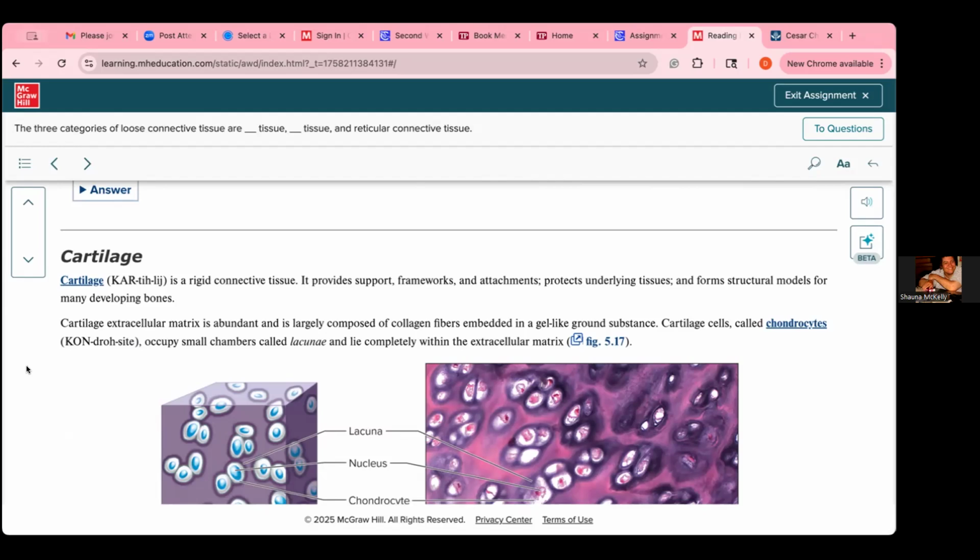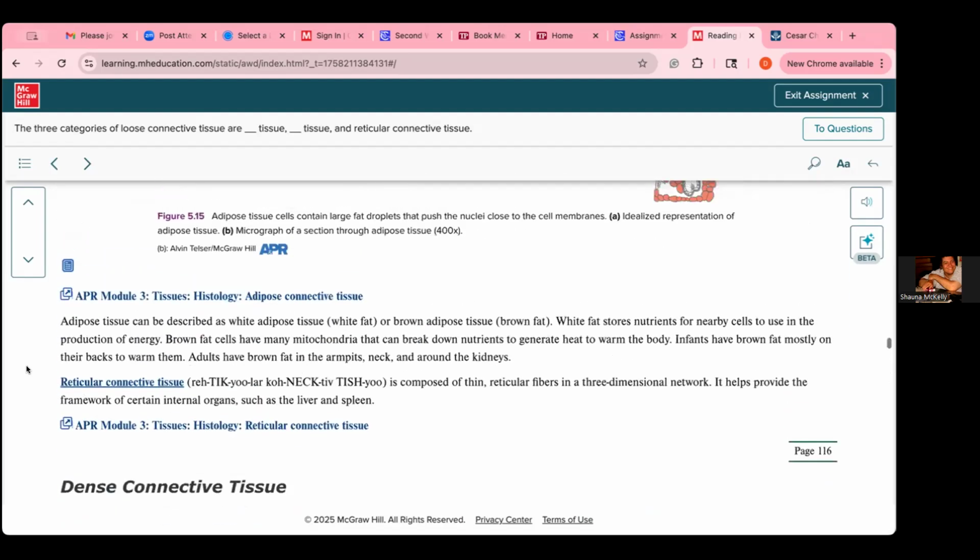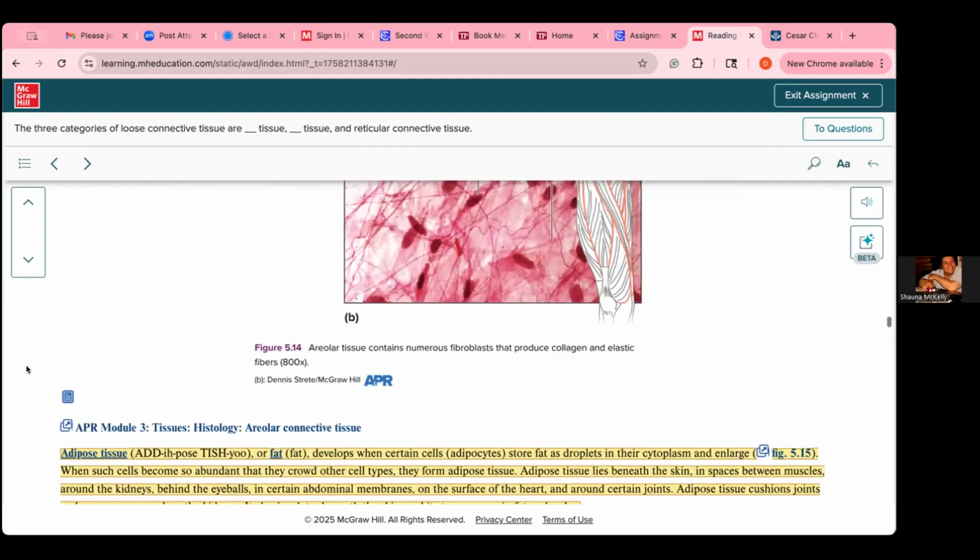No, that's not what the question is asking. The three categories of loose connective tissue. Oh, okay, I missed that. Go back to loose connective. I thought they were talking about more broadly, but no, it's three categories of loose connective tissue.